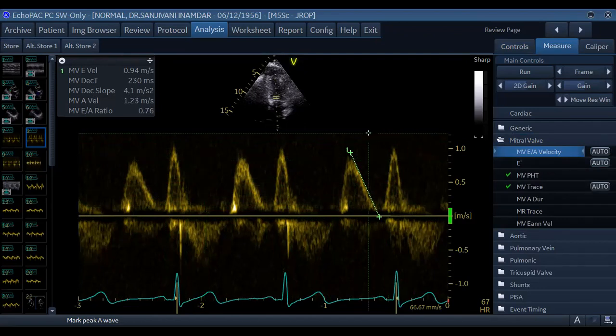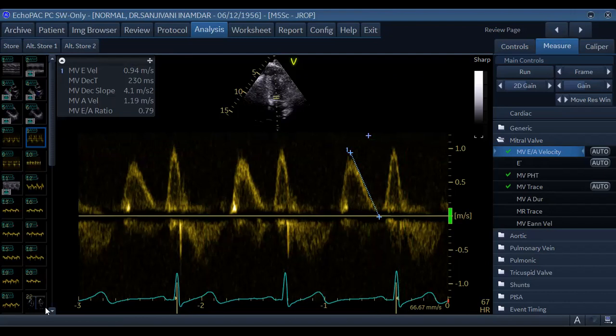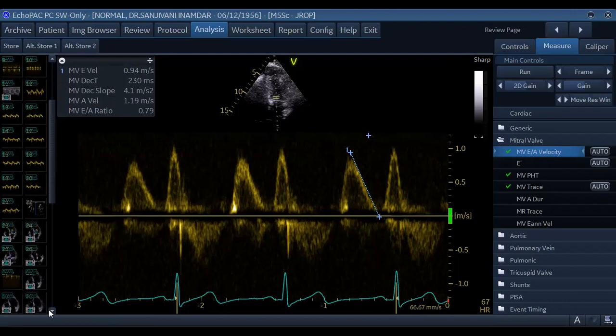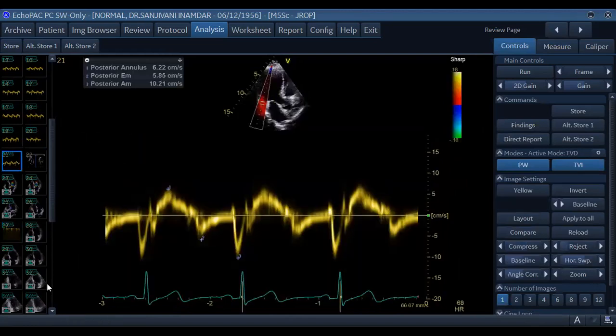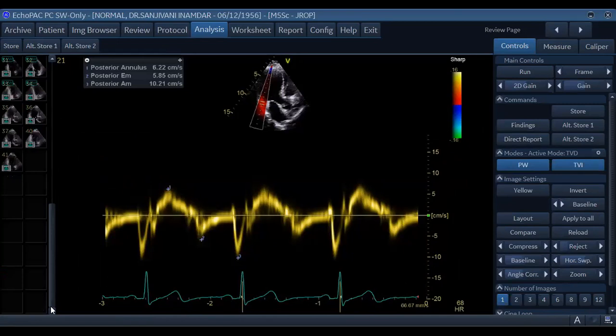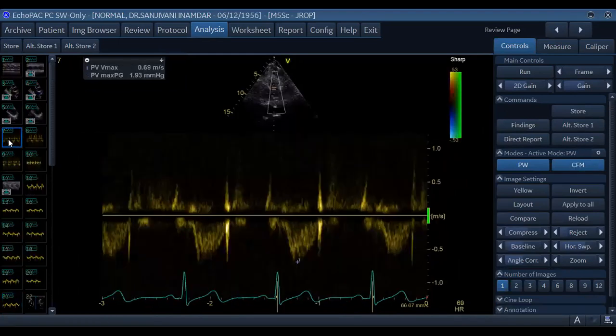Now let me go towards another part, that is aortic flow. In aortic flow, we'll have both acceleration and deceleration times. All right, this is not aortic flow, this is pulmonic flow.